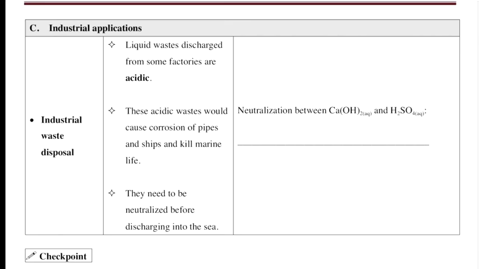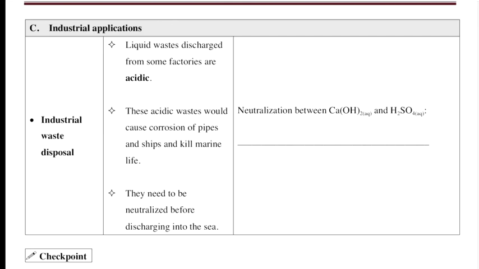Some of the waste may contain a lot of acidic compounds, and if we just directly let those acidic wastes go into the ocean or the river, it's going to cause problems. It's going to kill the living things in the river or the ocean. So we must balance the pH before we discharge those wastes.